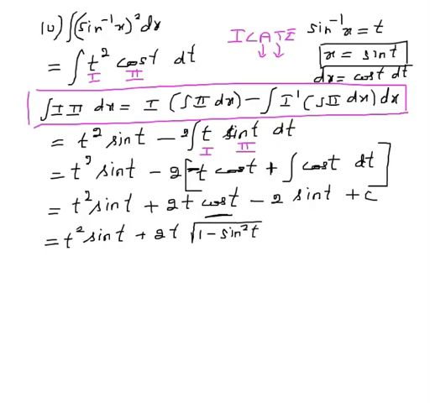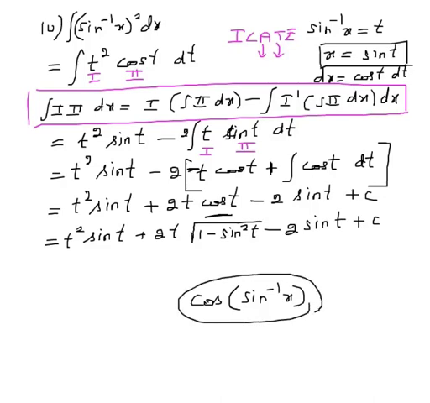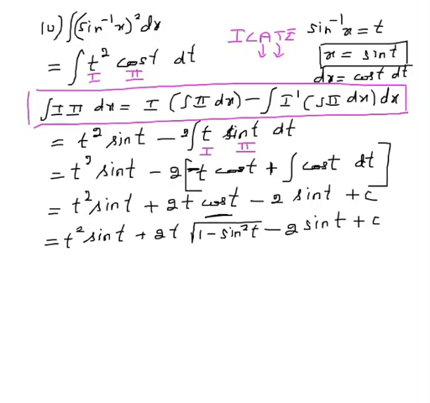Use the identities so that it is easy for me to substitute for sin t. Minus 2 sin t plus c. Or you could have written it as cos of t is sin inverse of x, but this is not in the simplest form. That's why I told you to change cos t in terms of sin and then substitute. So directly you will get the simplest form.